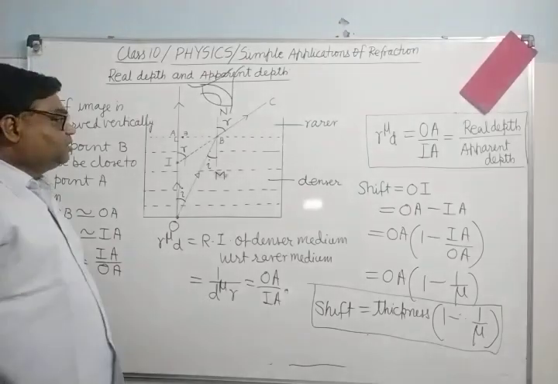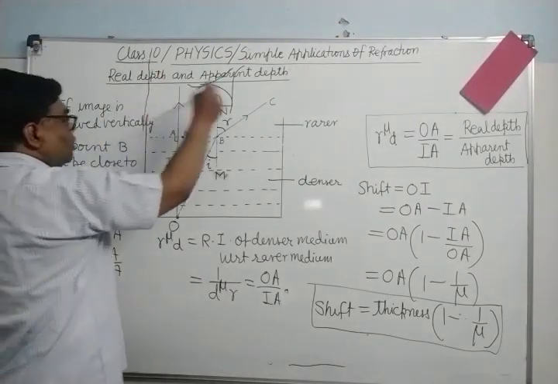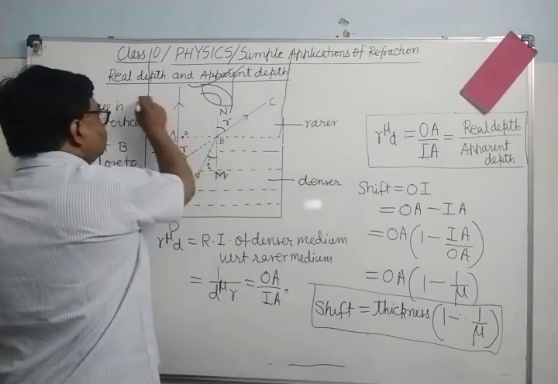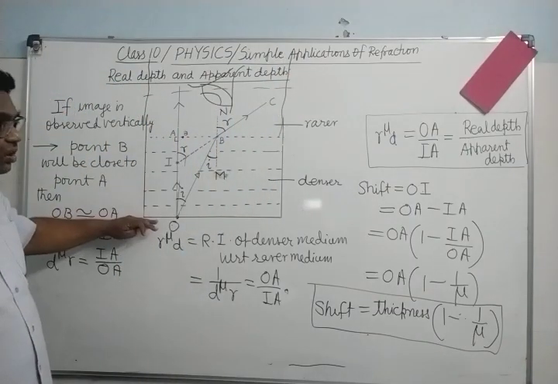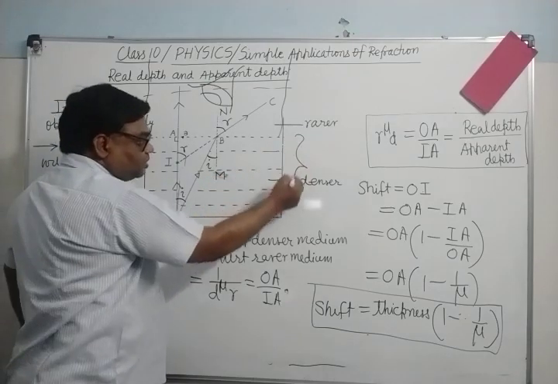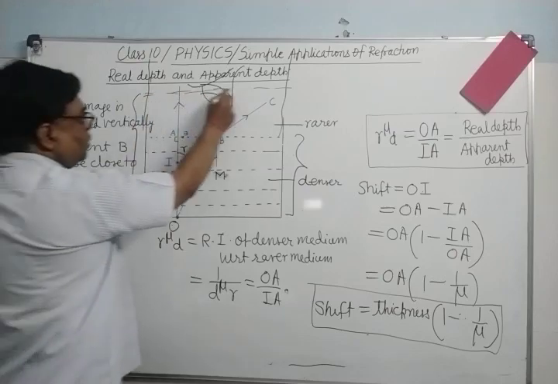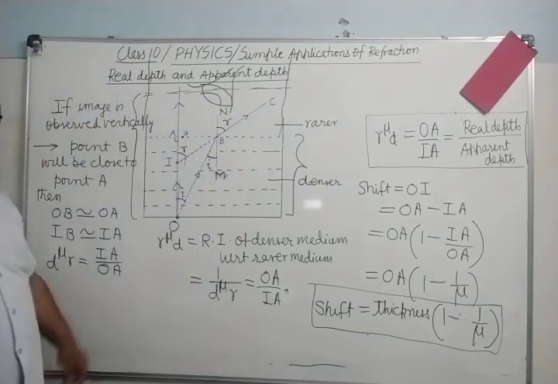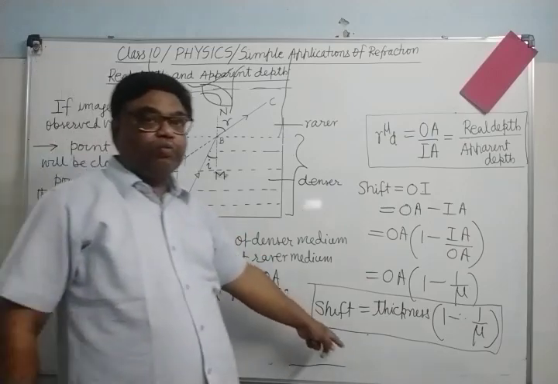Suppose the liquid is filled up to this level, then thickness will be increased. Earlier thickness is only this much, now thickness has become this much because liquid is filled up to here. So if the liquid is filled up to a greater height, thickness will be more, so there will be more shift.